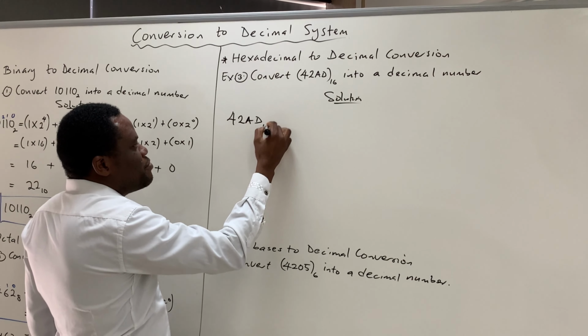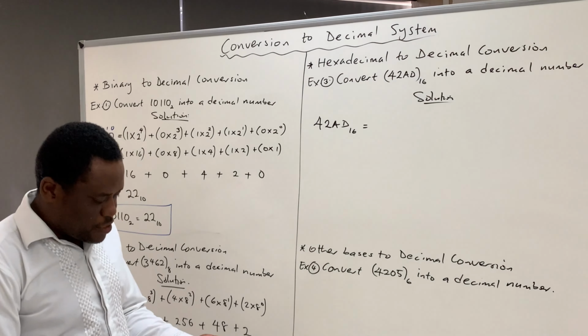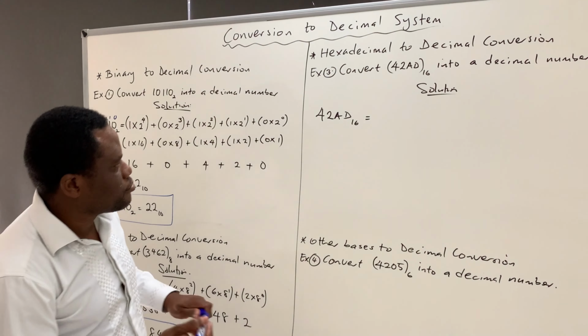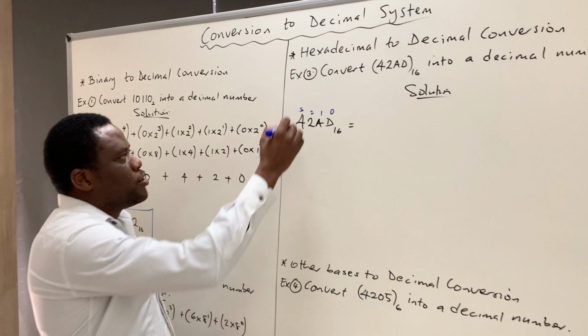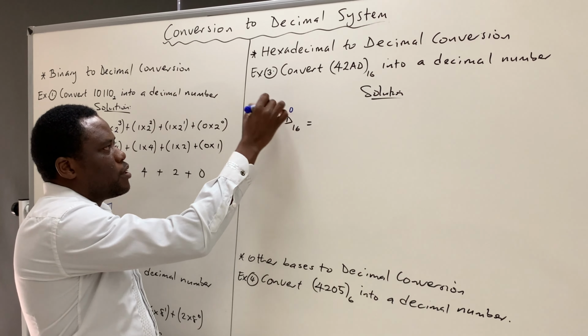42AD in base 16. As usual, start 0, 1, 2, 3, 4, 5. We continue until the numbers finish, and we start picking.